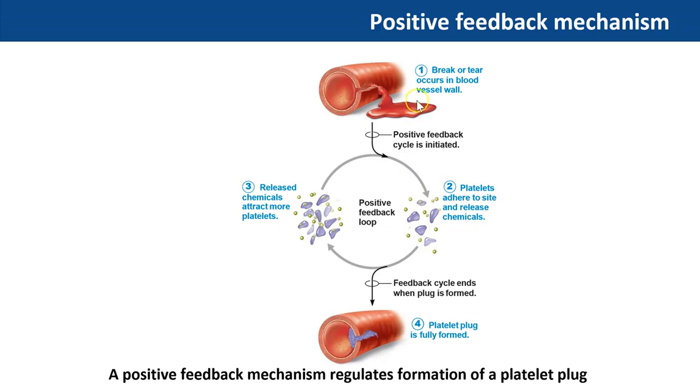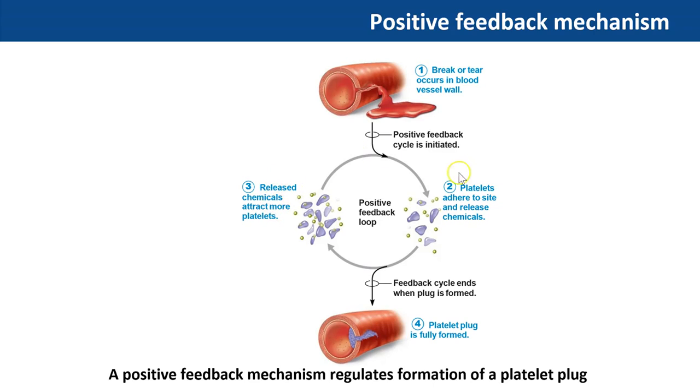So we have a break in the blood vessel wall. The platelets are going to adhere to the site of break or damage, and then they're going to release chemicals. These chemicals attract more platelets. When we have more platelets, they're going to release chemicals and attract more platelets.